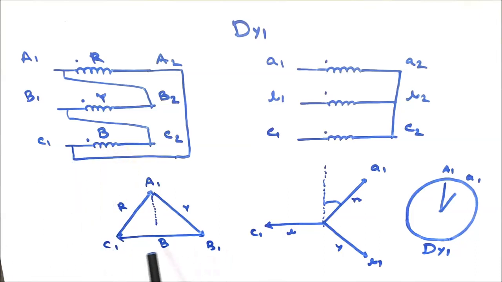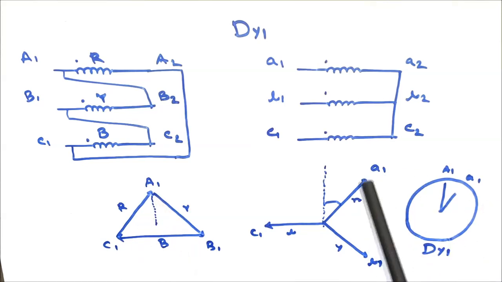In between B1 and C1 there exists the blue phase coil. In between A1 and B1 there exists the Y phase coil. So if I draw the virtual neutral and draw a straight line towards the red phase, that is A1, it will be at 0 or 12 o'clock in the clock rotation.